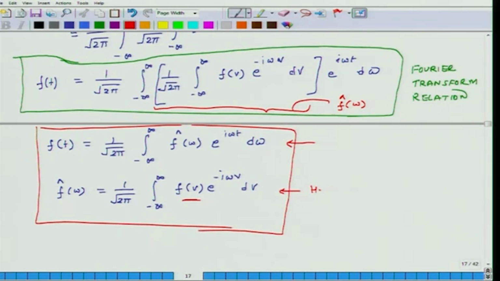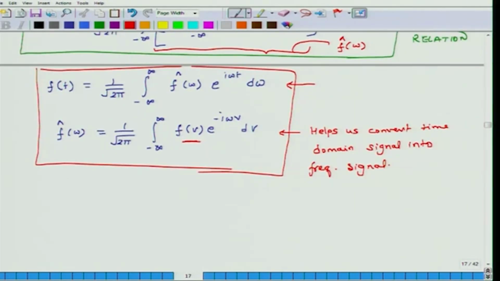So this helps us convert time domain signal into frequency domain signal. And the first relation, if I have a frequency domain signal, then I can back convert it into the time domain signal.